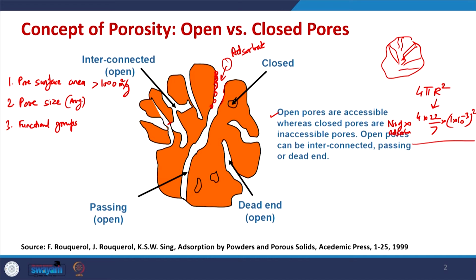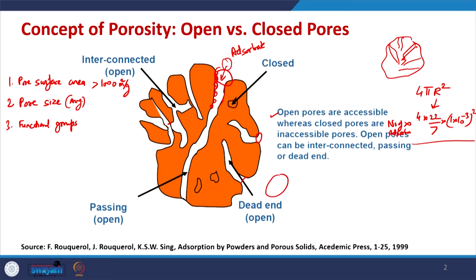Now, these pores can also be classified further, like cylindrical pores etc. We will discuss those later on. The important thing is the average pore size. Suppose the adsorbate molecule is this.